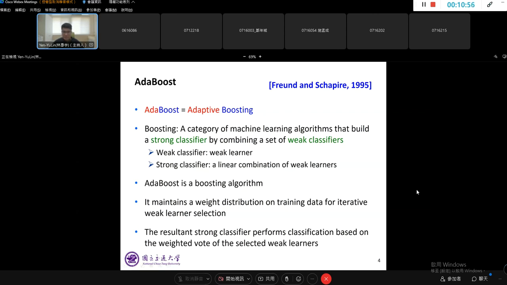For algorithms in this category, they perform classification with the following feature. They derive a classifier, and we say this is a strong classifier because it is composed of several weak classifiers.